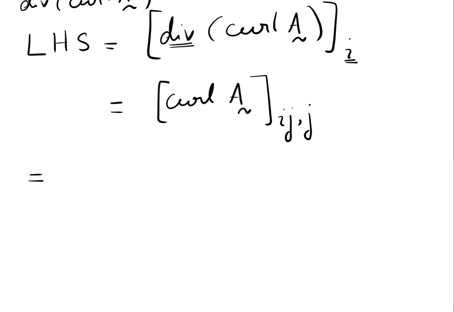So now I want curl A. Curl A is a second order tensor having two components, ij. Now let me write this in terms of epsilon.